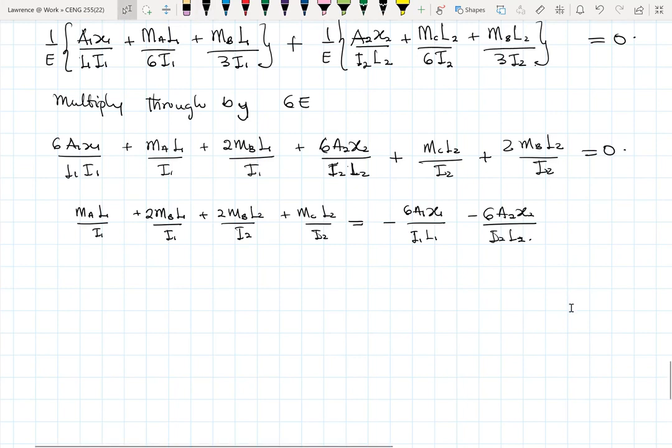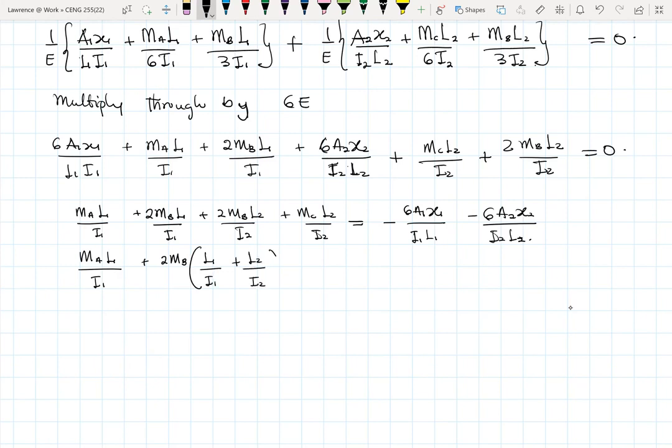So here, my equation simply becomes MA L1 over I1 plus 2MB into brackets L1 over I1 plus L2 over I2, then plus MC L2 over I2, and this equals minus 6 into brackets A1X1 over I1 L1 plus A2X2 over I2 L2.